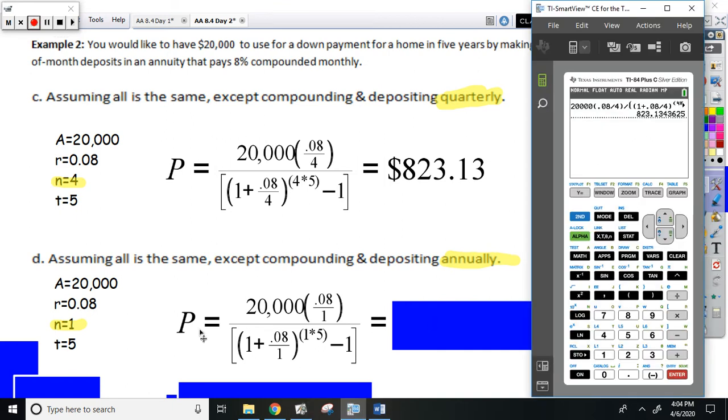But for my part D, so I don't have to retype that all in, remember you can just press second, enter, and then you can go back and change anything that you need to. So the only thing that should be changing here are the 4s becoming 1s. That's our N value.